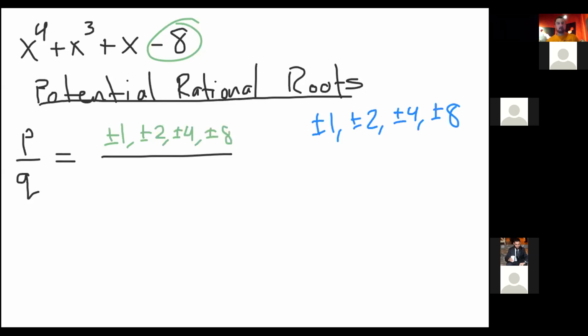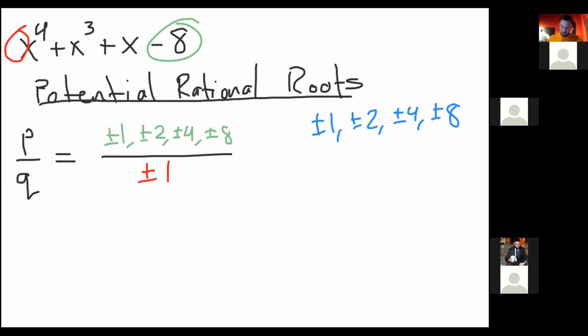Pretty much anything that can divide 8, and I have to make sure I consider both the positive and negative. And then Q is the factors of my leading coefficient. Well, I just have an x to the 4th, which means my leading coefficient is a good old 1. It means its factors are just plus or minus 1. Those are the only things that will divide 1. So I take every combination of each factor on top divided by the factor on bottom.